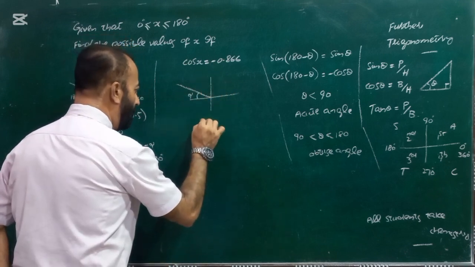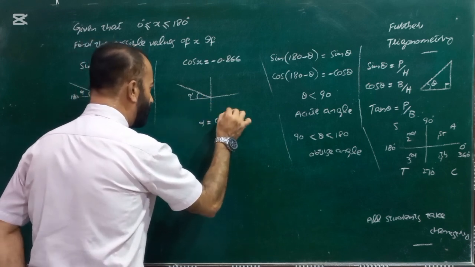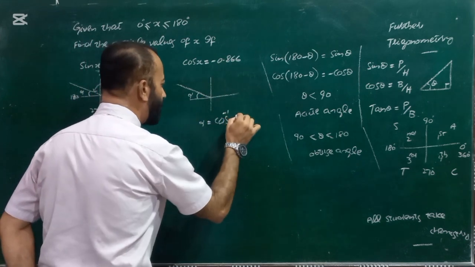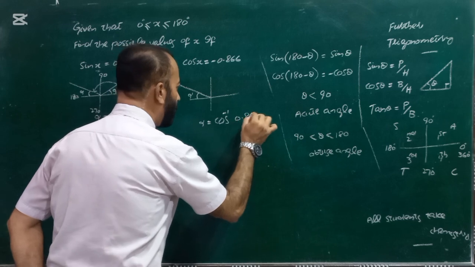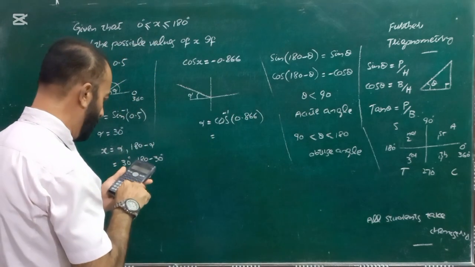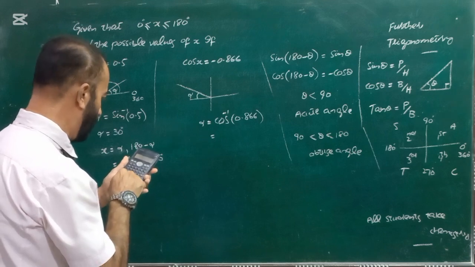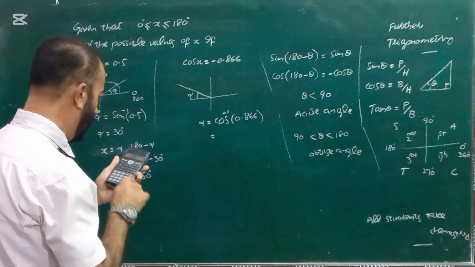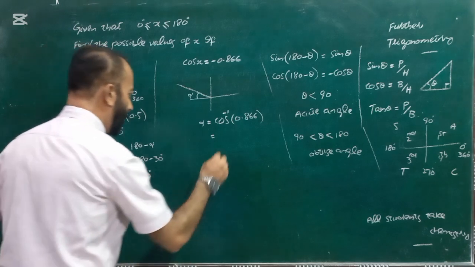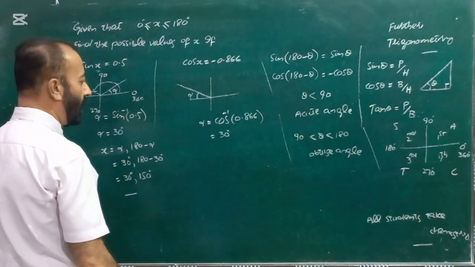Next step, we will find the basic angle now. That will be equal to cos inverse 0.866. So find it on the calculator. Cos inverse 0.866 is equal to 30 degree. Okay.